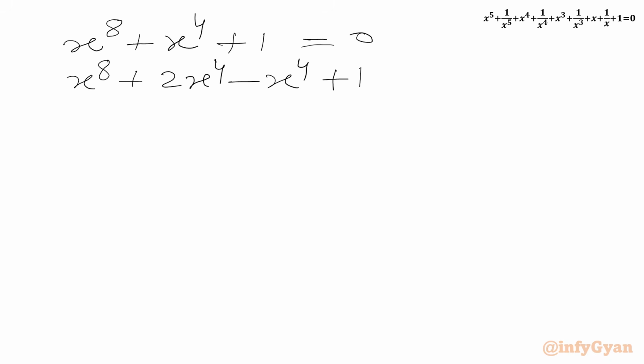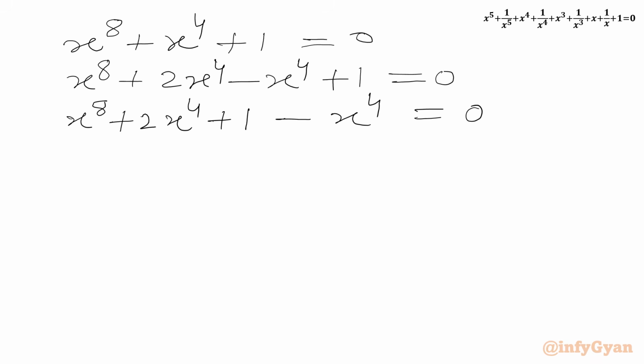Then we have plus 1 equal to 0. Now we will pick x power 8. We will write 2 times x power 4. Then we will write plus 1. And then we can write minus x power 4 equal to 0.